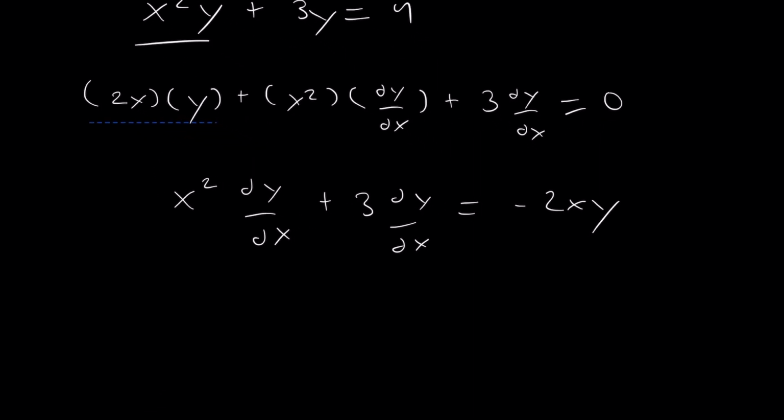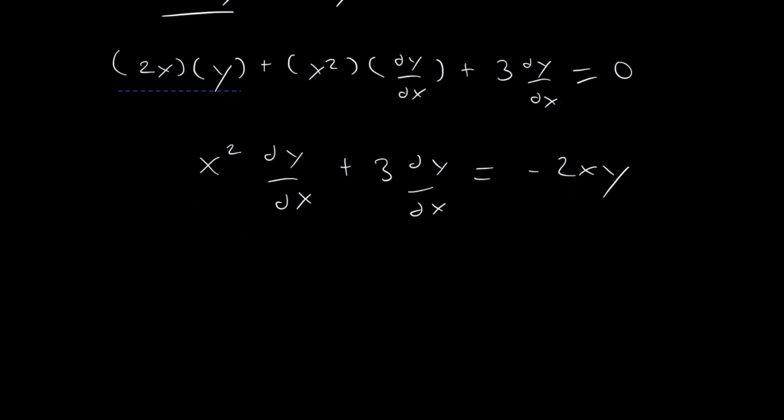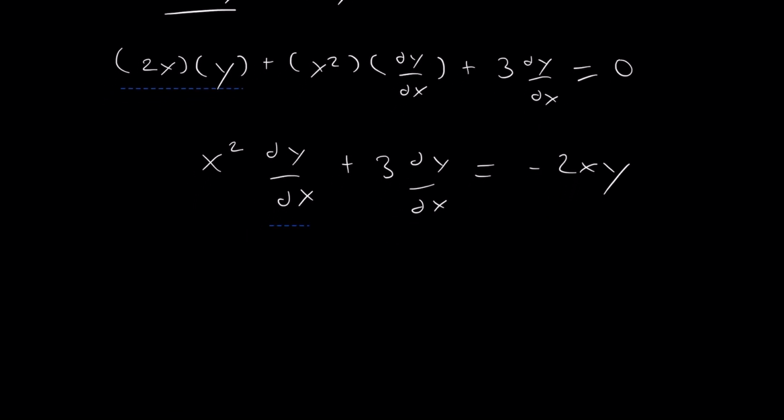Now we just need to extract the coefficients of dy over dx, so we can isolate that term and solve for it. It's just basic algebraic manipulation. If we take out dy over dx, we end up with x squared plus 3 times dy over dx equals negative 2xy.